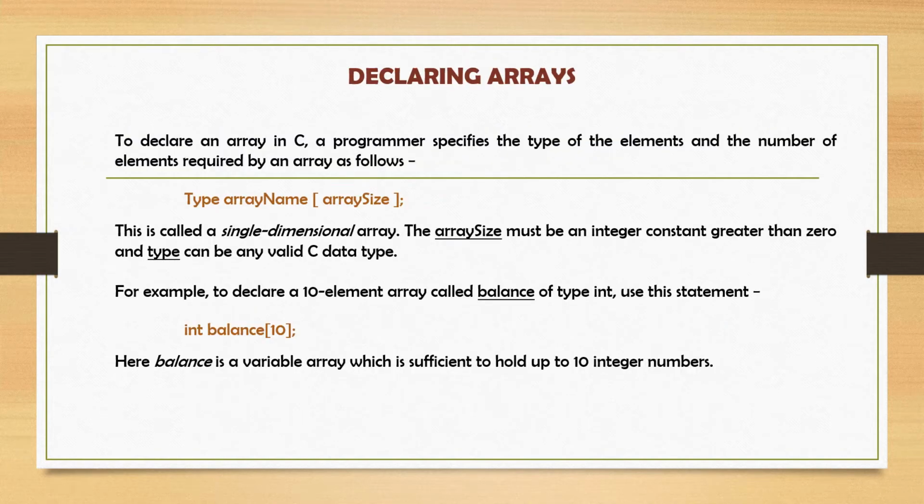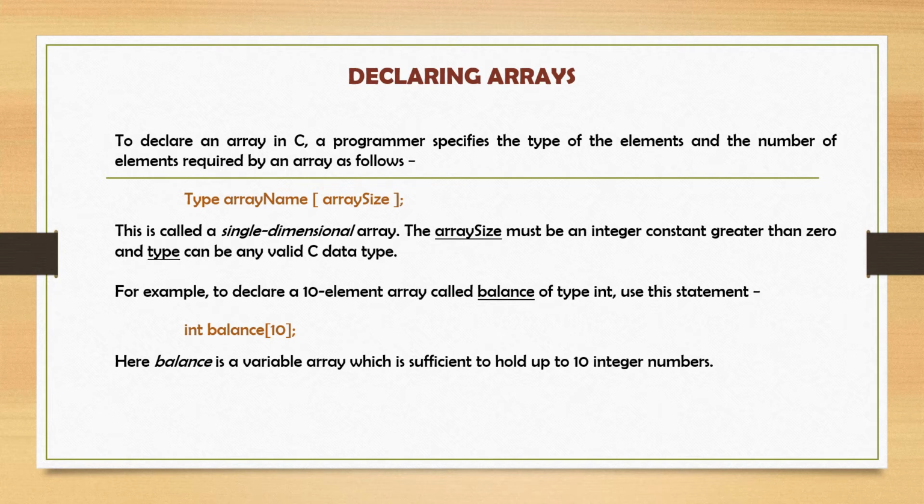This slide shows you the syntax of declaring arrays. The general syntax is type array name within square brackets array size. This is called a single dimensional array. The array size must be an integer constant greater than 0 and type can be any valid C data type like integer, float, character, like that.